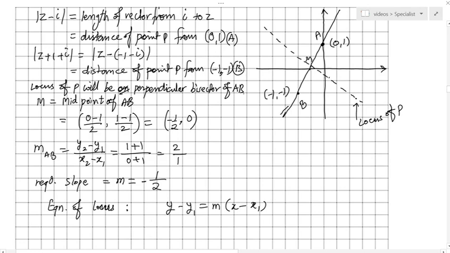So y minus 0 is equal to m times (x plus half), and you rearrange it and you end up with the equation of this line as 2x plus 4y plus 1 equals 0, and that's the locus of your point P.